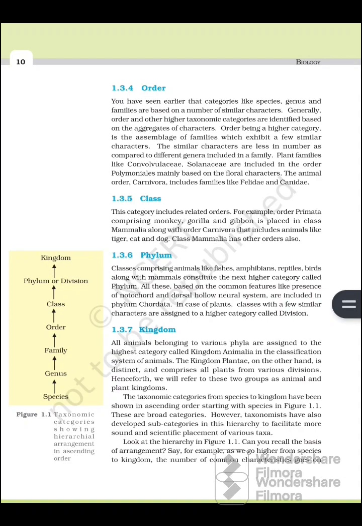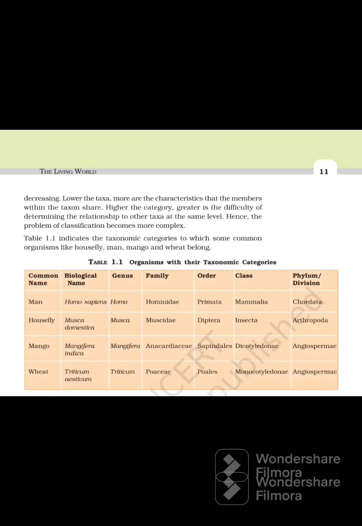Can you recall the basis of arrangement? As we go higher from species to kingdom, the number of common characteristics goes on decreasing. The lower the taxa, the more are the characteristics that the members within the taxon share. The higher the category, the greater is the difficulty of determining the relationship to other taxa at the same level. Hence, the problem of classification becomes more complex.